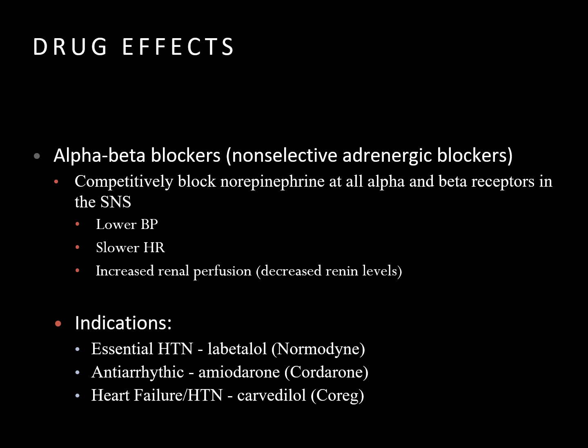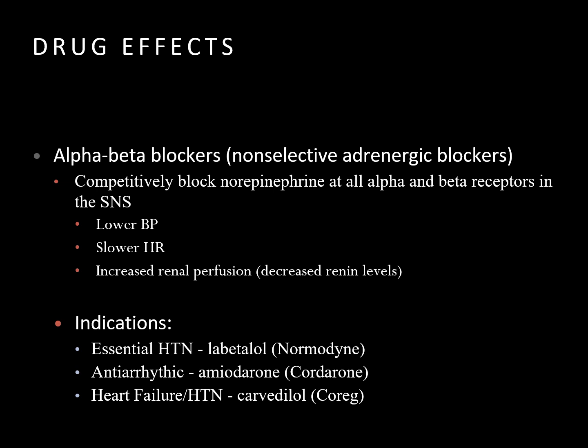So here we have a couple examples of blockers that do both alpha and beta. This can be a little concerning because it's not specific. It's going to block both alpha and beta. It's going to be competitive, so that means it's going to work hard to occupy all of those receptor sites on both sides.